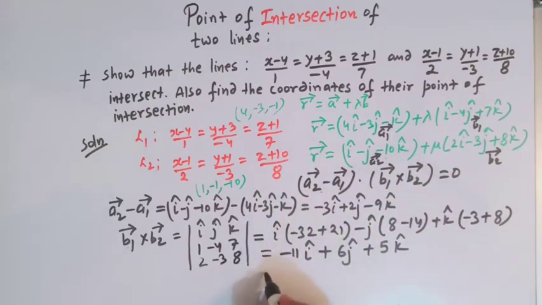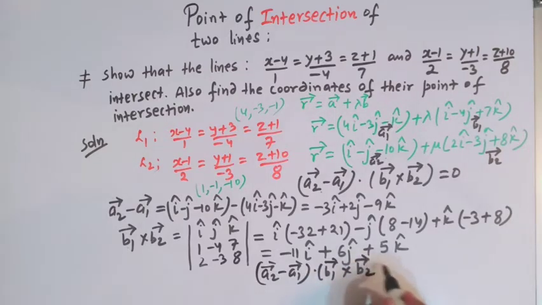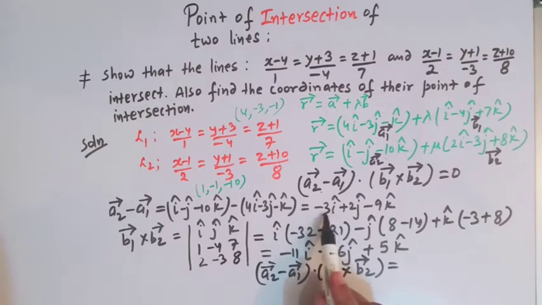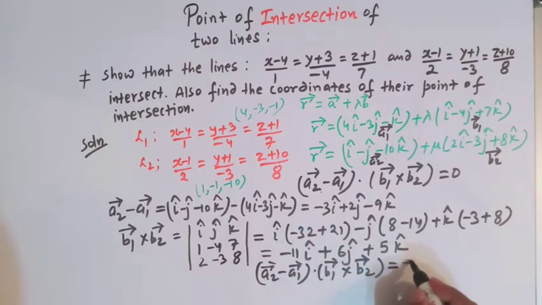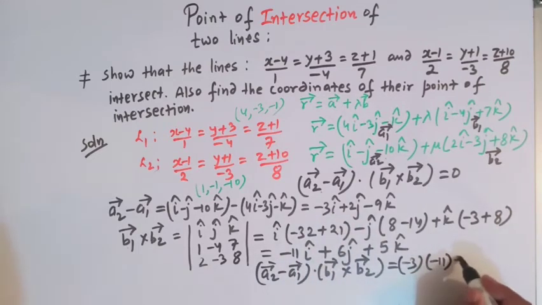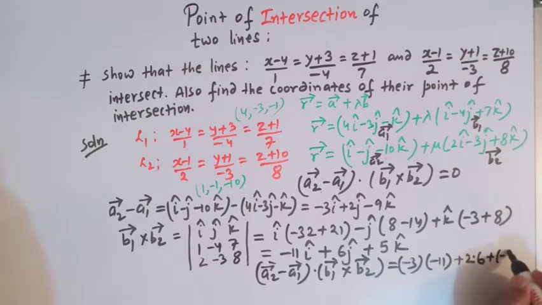So (A2 minus A1) dot (B1 cross B2) is equal to: the coefficient of i cap is minus 3, so we have minus 3 times minus 11, and then 2 times 6, and then minus 9 times 5, right?